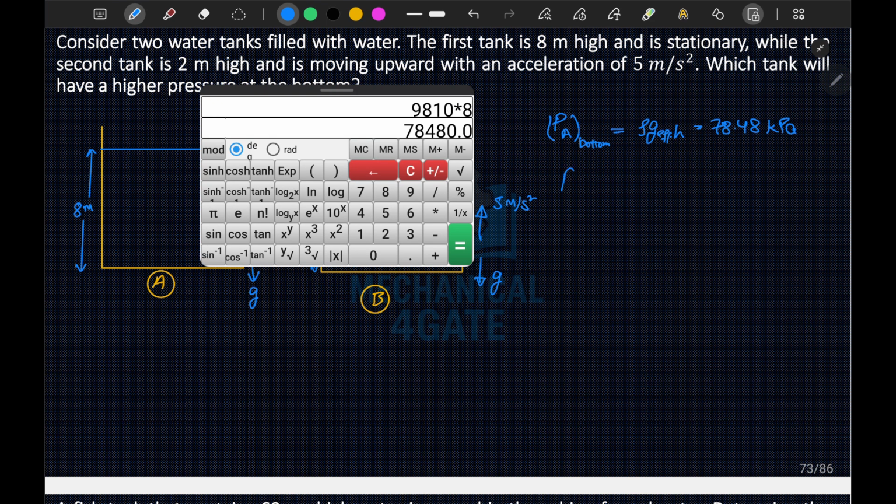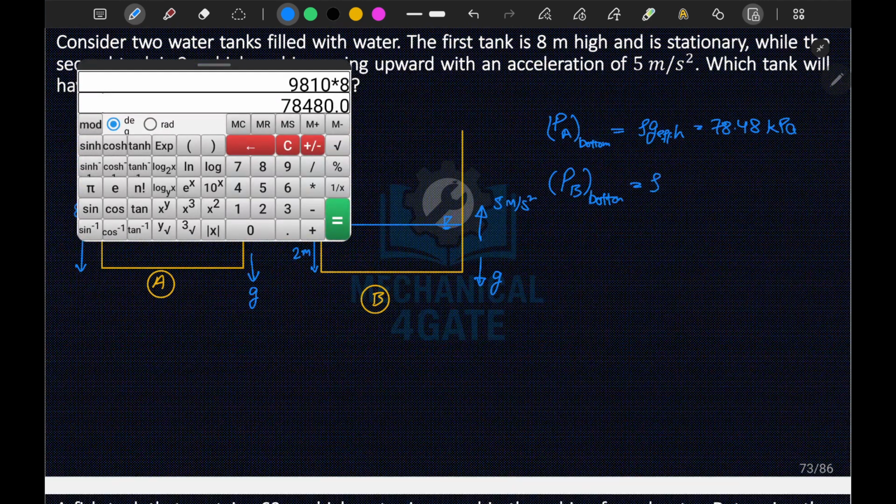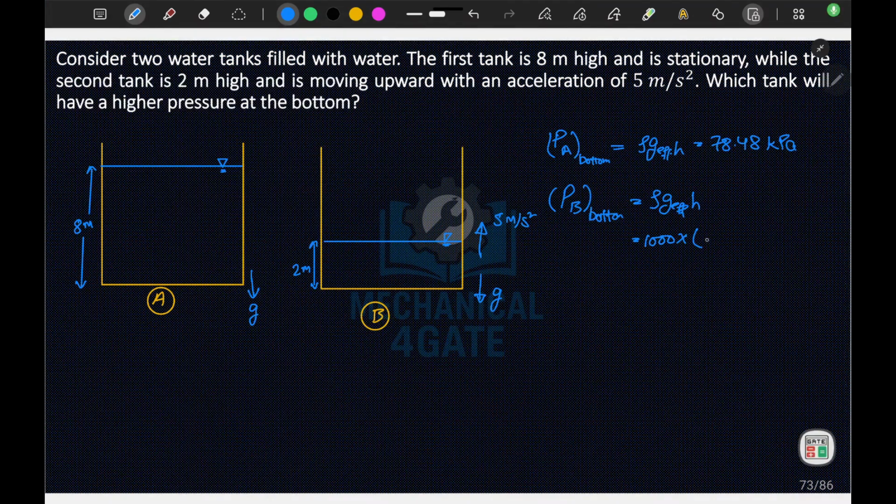Okay, now P in B at the bottom. This again will be the same, rho g effective times H. Now density is 1000, and g effective will be g plus 5. Okay, because if we sit on this container, the net downward acceleration will be g plus 5. The acceleration relative to the container will be in the downward direction.